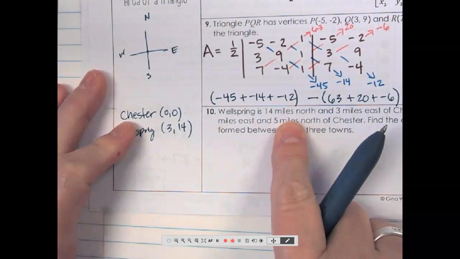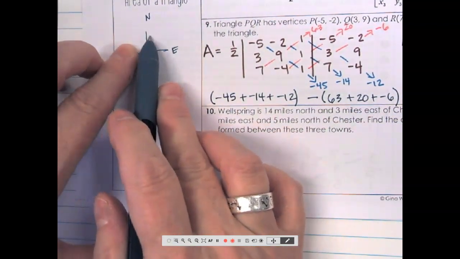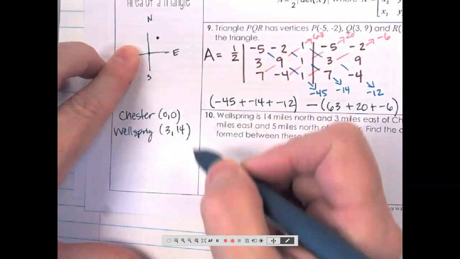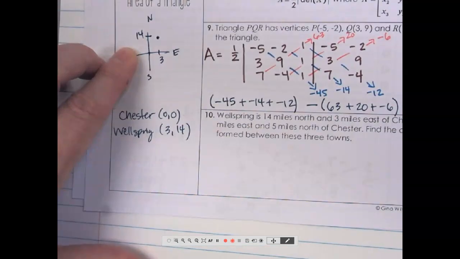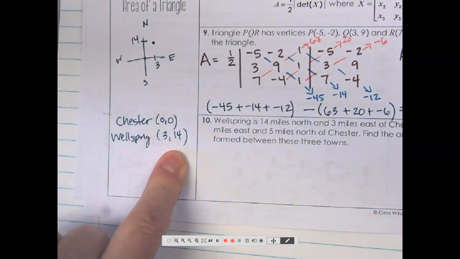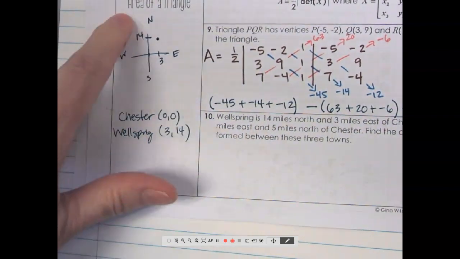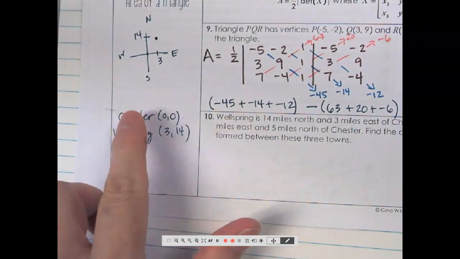So if it is 14 miles north and 3 miles east, then we went up 14 and right 3. So that ordered pair would be 3, 14. Does that make sense? North 14, east 3. But when we write that ordered pair, we always put the x-coordinate first.